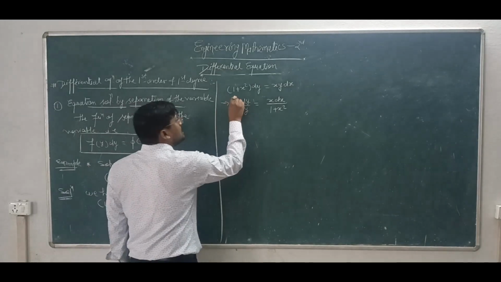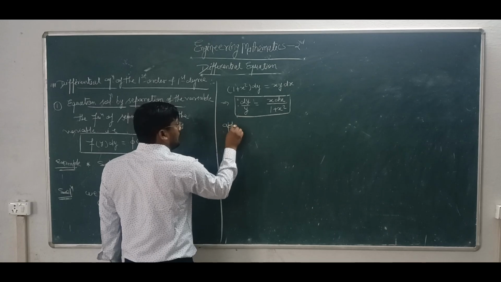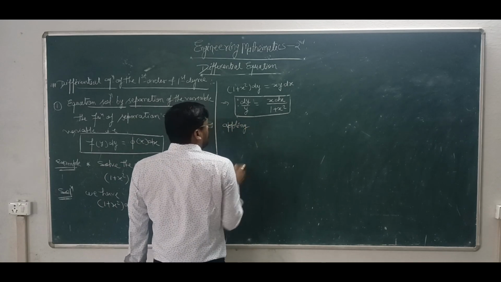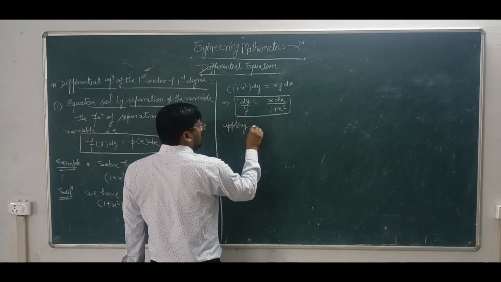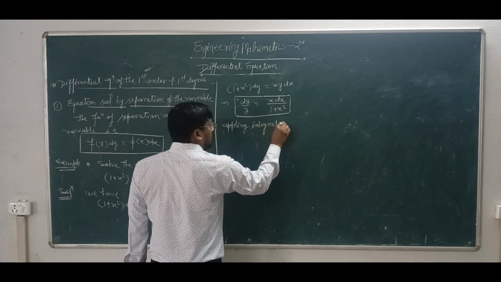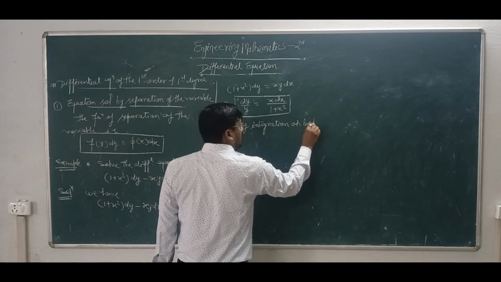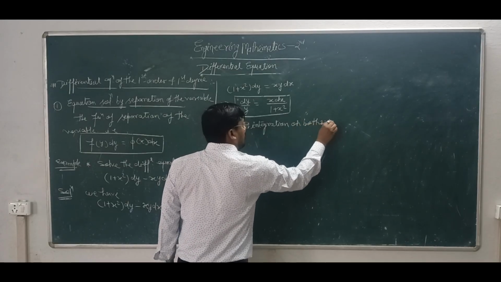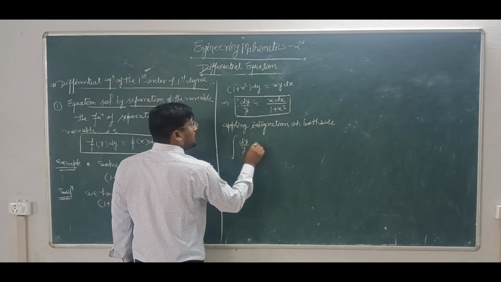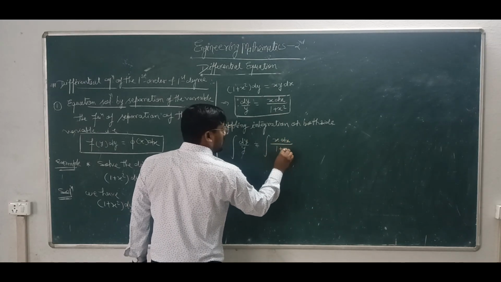Applying integration on both sides, you find integration of dy by y is equal to integration of x dx upon (1 plus x square).